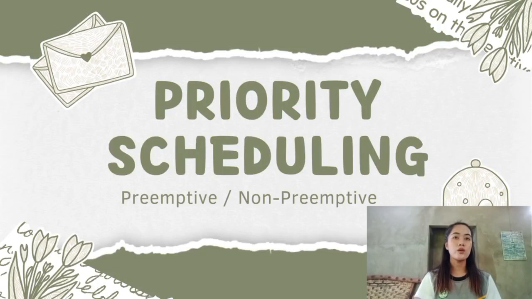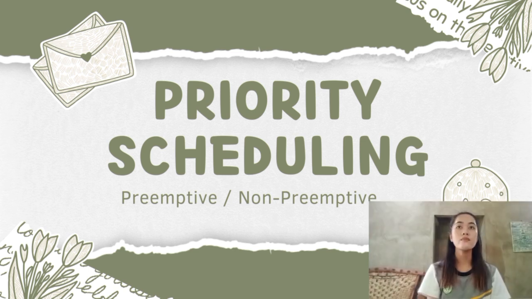In this video, I will explain the priority scheduling algorithm, one of the CPU scheduling techniques used in operating systems. Priority scheduling can be preemptive or non-preemptive, depending on the system design. This algorithm selects the process based on its priority value, where the process with the highest priority gets the CPU first.